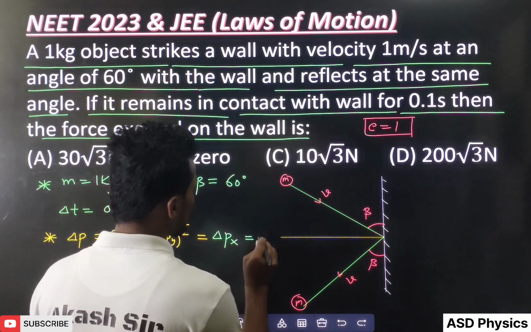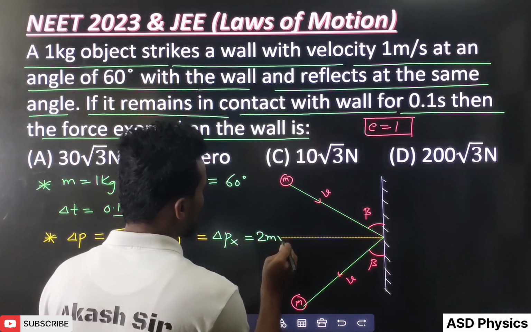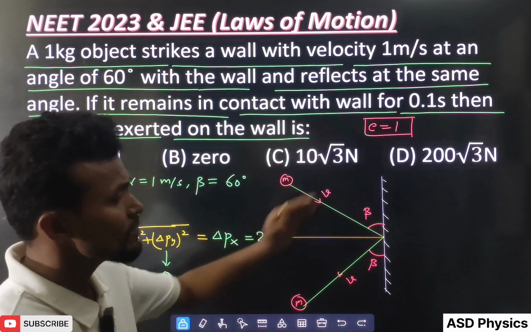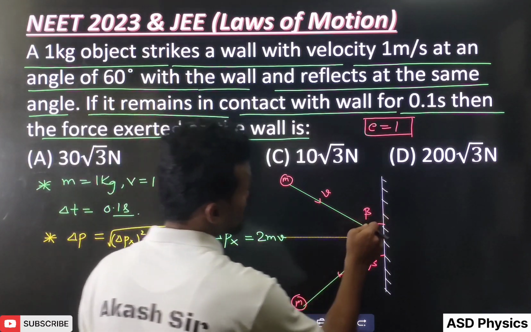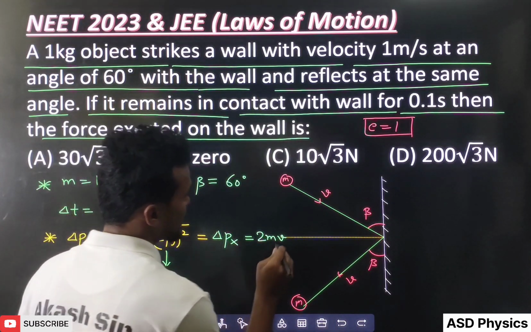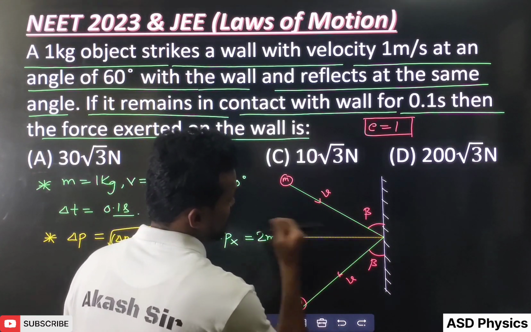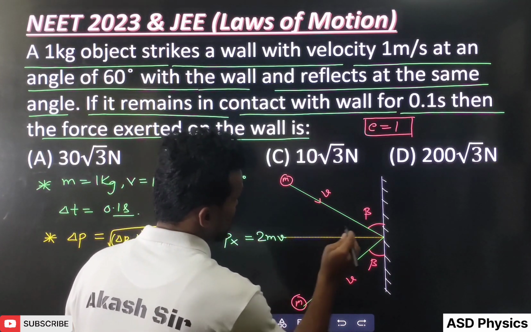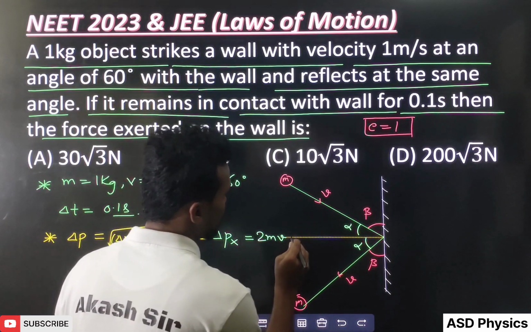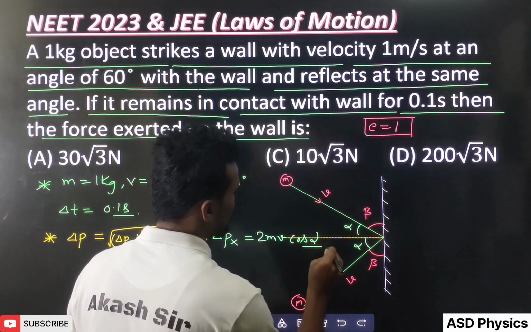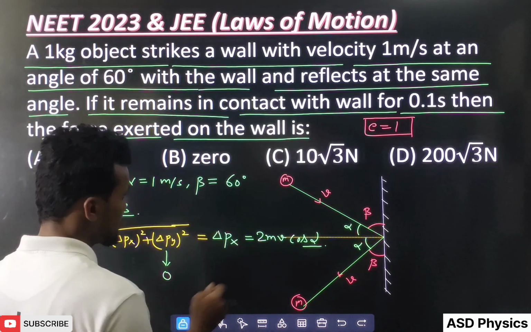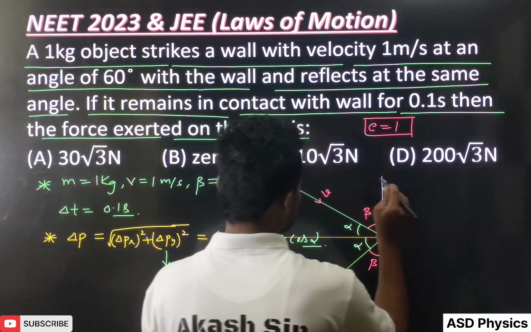After that, this is given by the formula 2mv, as the angle is given from the vertical. If this angle is alpha, the formula is 2mv cos alpha. But here the angle given is beta.